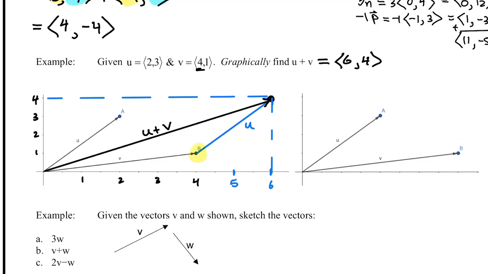So it's 6 over, 4 up, so that corresponds with a 6, 4. Coordinate (6, 4), but vector ⟨6, 4⟩, which would be the sum of u and v.